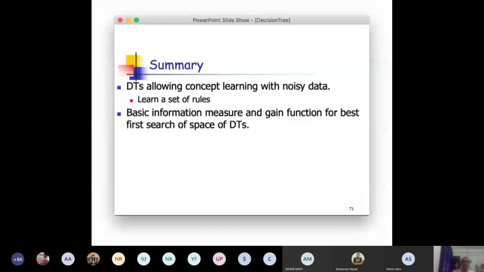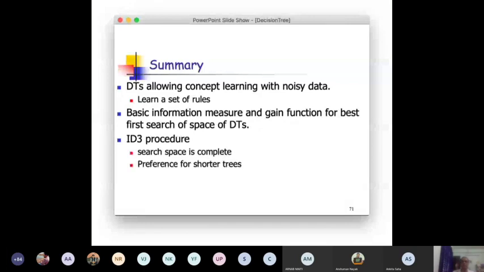And there are certain basic information measures and gain functions that are used for best-first search of the space of decision trees. The ID3 algorithm has been detailed. We see that in this algorithm we have a search space.